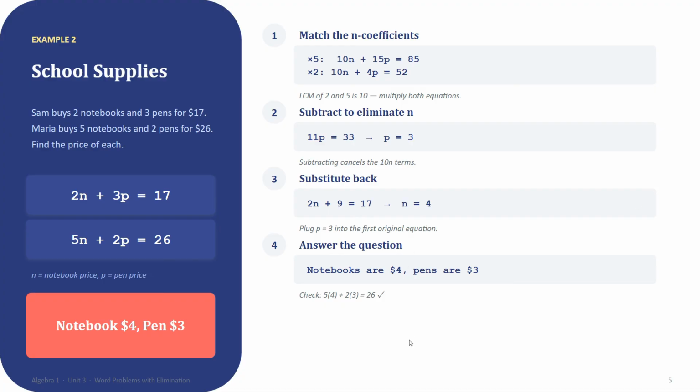Example 2. Sam buys 2 notebooks and 3 pens for $17. Maria buys 5 notebooks and 2 pens for $26. Find the price of each. First, we are going to set up the equation for Sam, who buys 2 notebooks and 3 pens for $17.